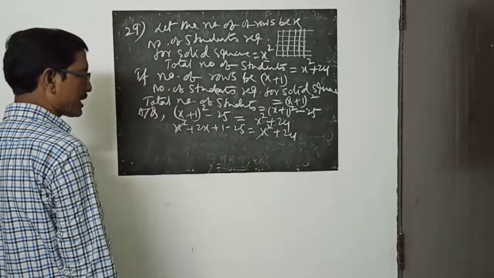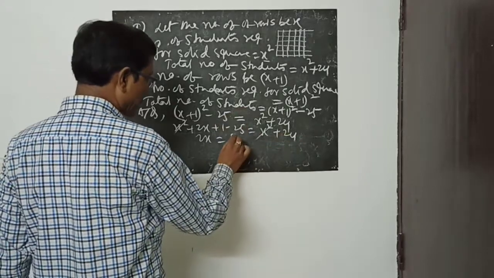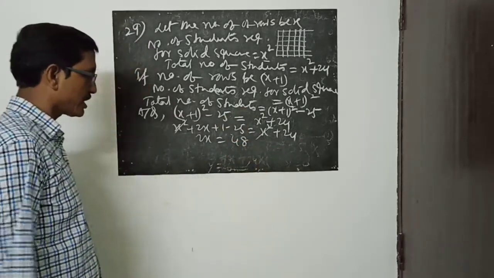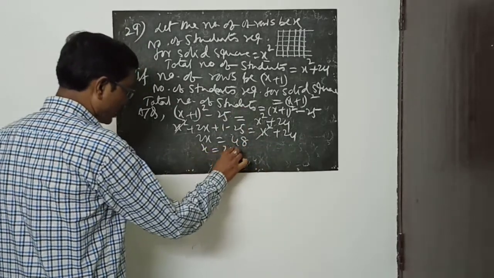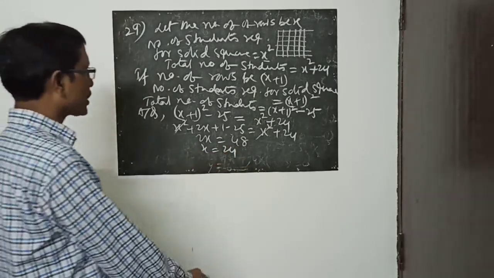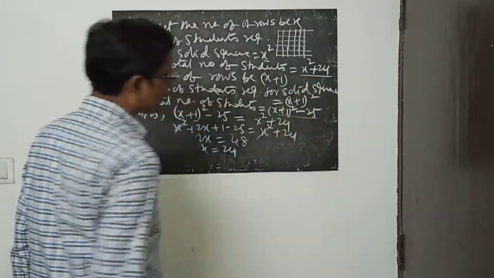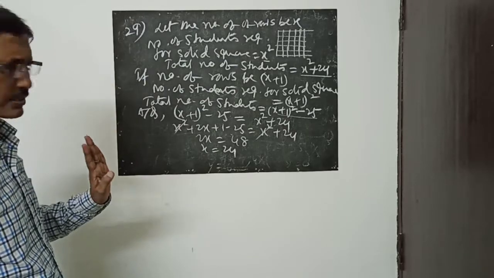So the x square will be cancelled. Ultimately, taking 24 to that side, 2x is 48, so x is equal to 24. But this is not the number of students. The number of students is this one or that one. Anywhere you put it, you will get the same answer.